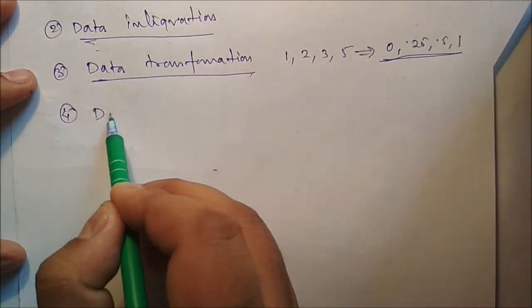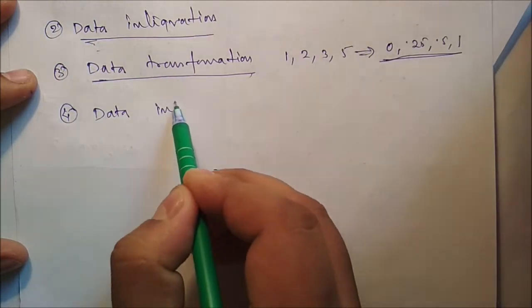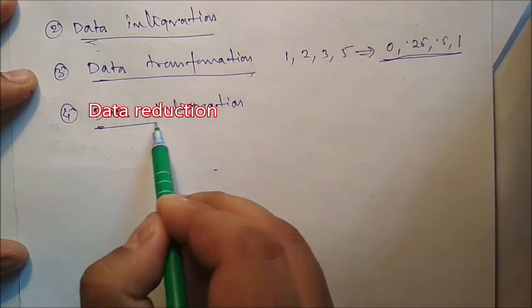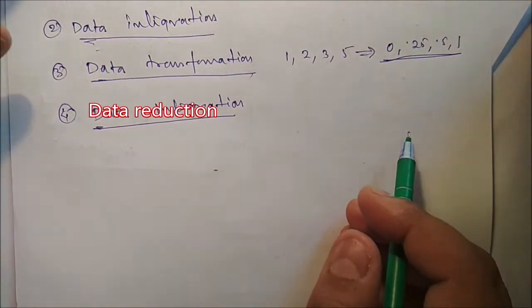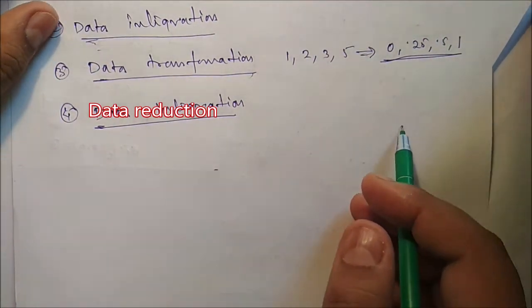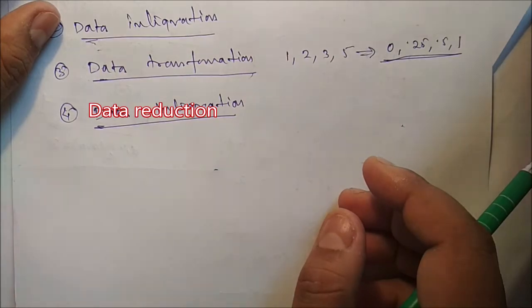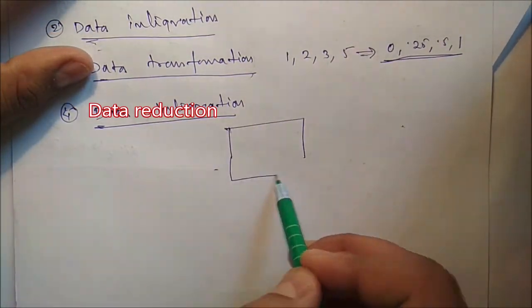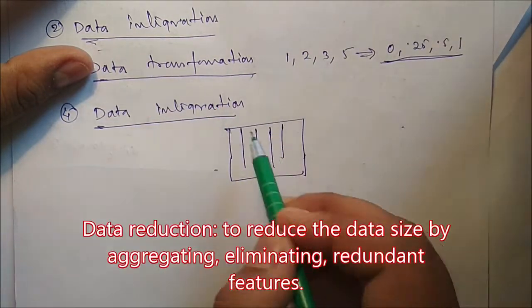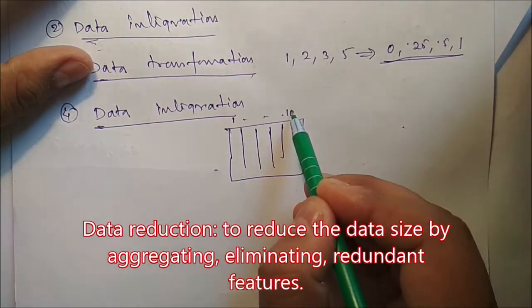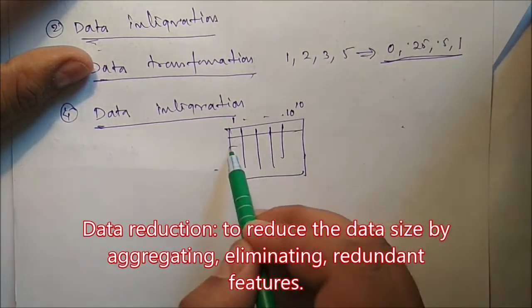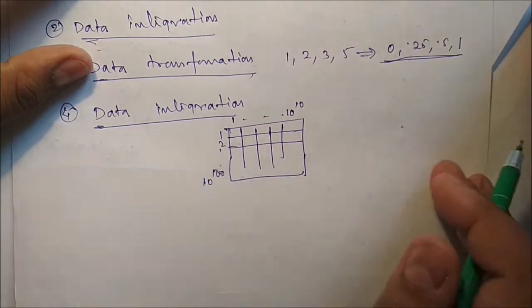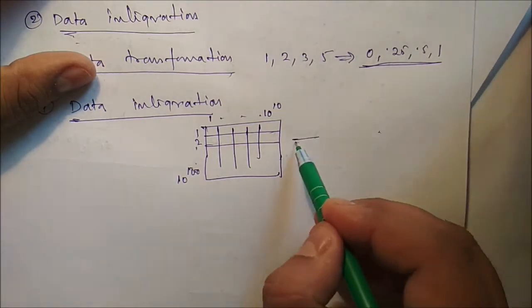Next is data reduction: to reduce the data size by aggregating and eliminating redundant data. Suppose a huge database is there, say 10 to the power 10 features and 10 to the power 100 records.